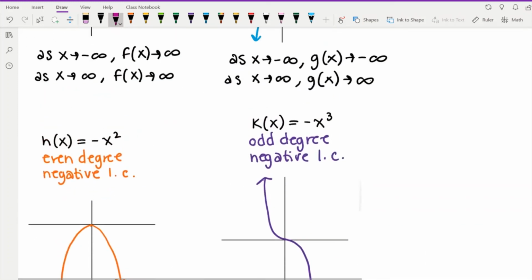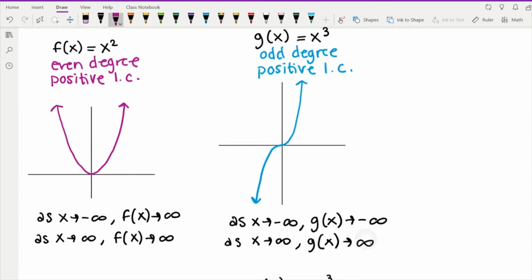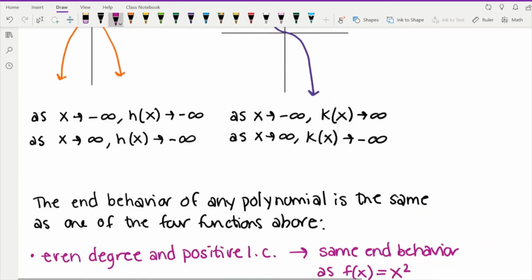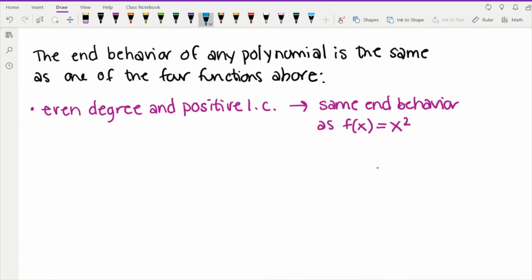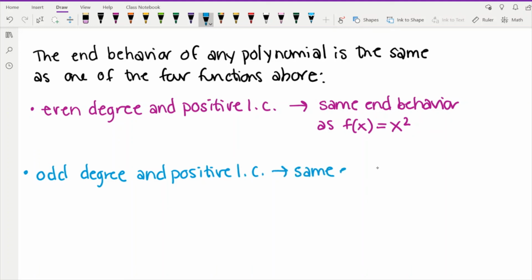Instead, if it has an odd degree and a positive leading coefficient, that means it has the same end behavior as g of x equals x cubed.